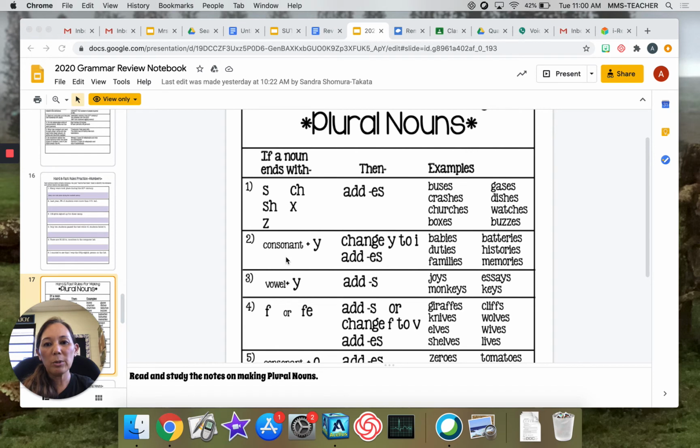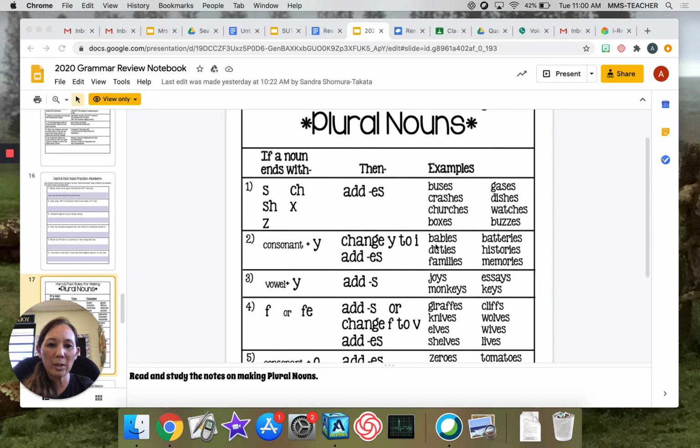Here's rule number 2. If a noun ends with a consonant plus a Y, you would change the Y to an I, then add ES. So let's look at one example. Baby. Baby is spelled B-A-B-Y.